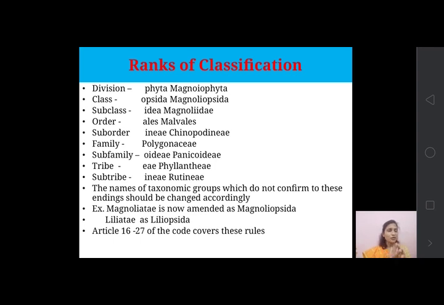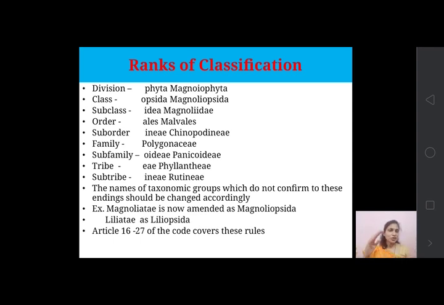So each specific taxonomic group has its specific suffix. Division has its specific suffix, class has its specific suffix, and so do subclass, order, suborder, family, subfamily, tribe and subtribe.